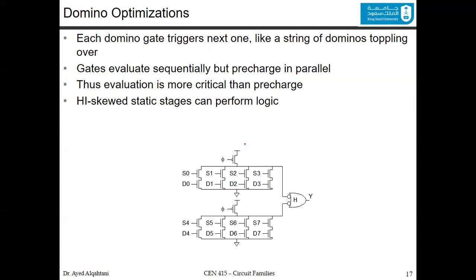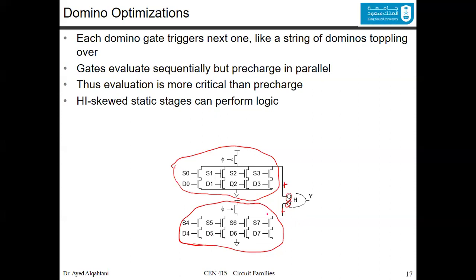This is the dynamic circuit, as we say. So this part of the dynamic circuit is followed by this inverter. So this plus the inverter is the domino. Similarly for this one, this plus this inverter is the domino part.